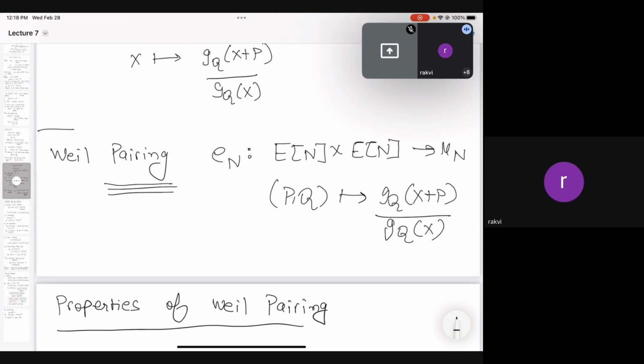They basically come from choosing functions whose divisors are exactly what we want. That would be a nutshell. So En depends on this choice of G. Did I answer your question? Okay.